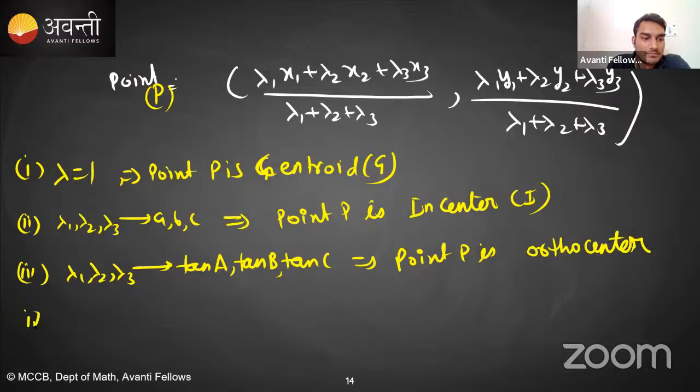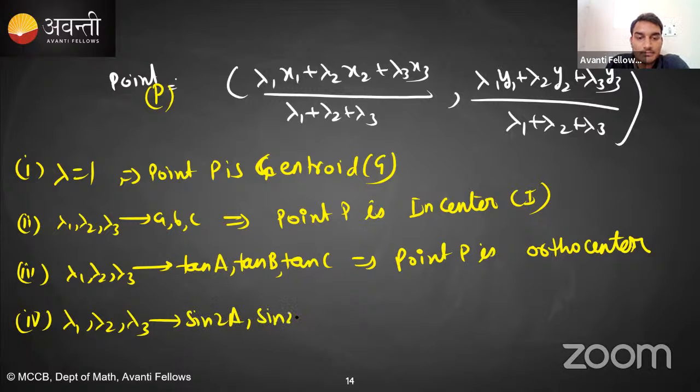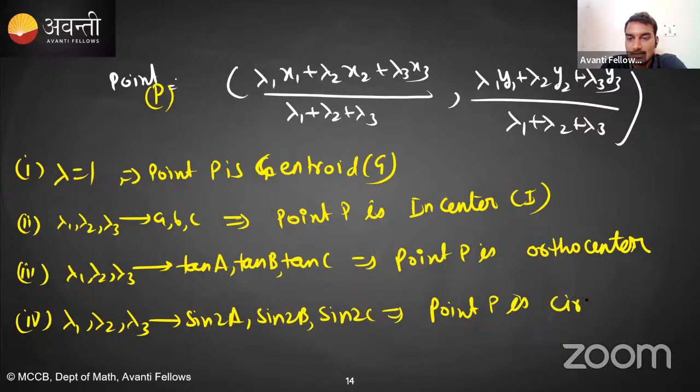And last, if lambda1, lambda2, lambda3 are sin 2A, sin 2B, sin 2C, then this point P is, yes, very good, circumcenter. Is this clear? So this is what we have discussed so far.